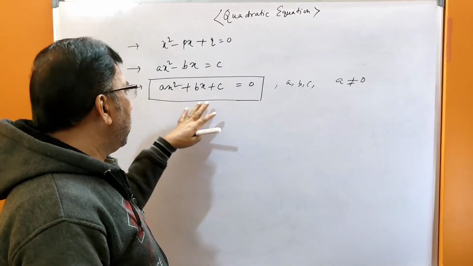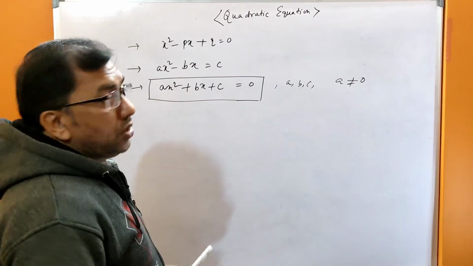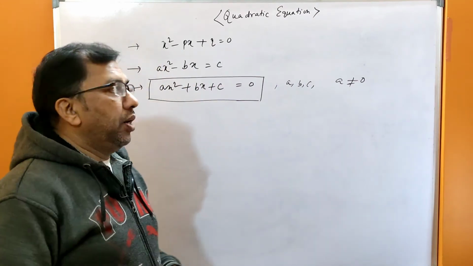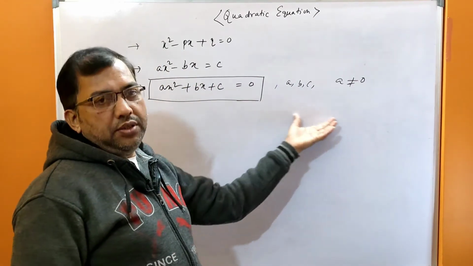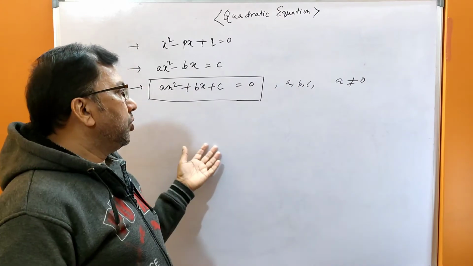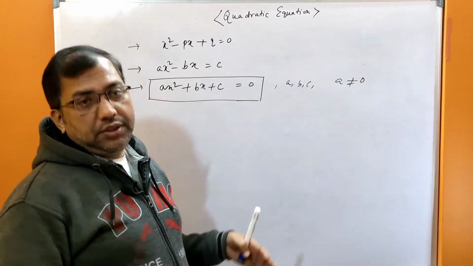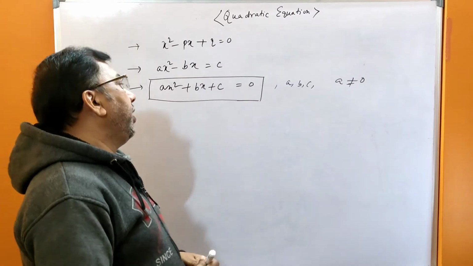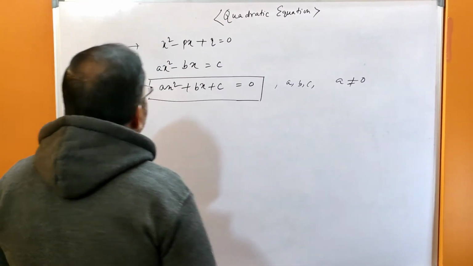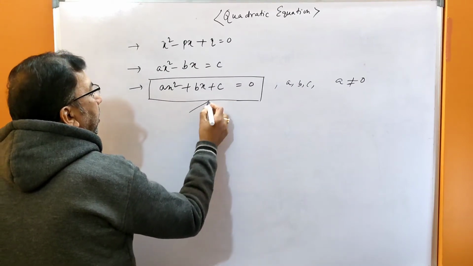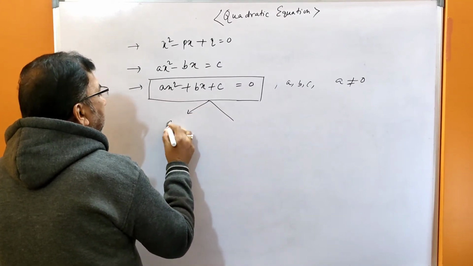And to find out the roots of any quadratic equation, there are many methods: the factor method, the squaring method, and also applying the Sridharacharya formula. So how do you find the Sridharacharya formula? You have to find the two roots, alpha and beta.